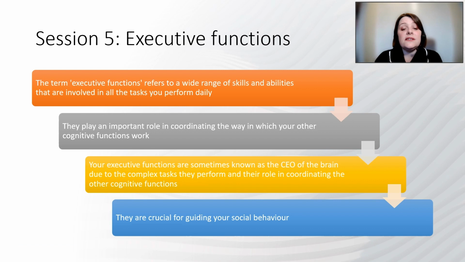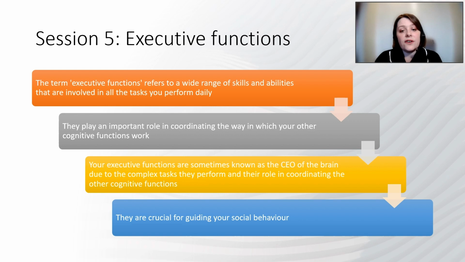Finally, we discussed executive functions. You may remember that we described executive functions as the CEO of the brain, taking a role in coordination of the other mental processes that we discussed, such as attention and memory. The term executive functions is actually an umbrella term that we use, and it refers to a wide range of skills and abilities that are involved in all the tasks we perform day to day.